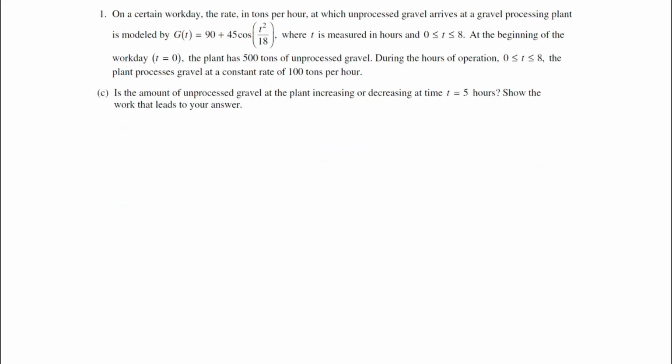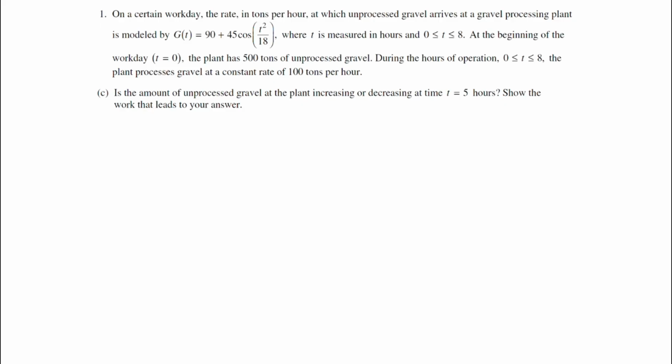For part C, it wants to know, is the amount of unprocessed gravel at the plant increasing or decreasing at t equals 5 hours? So I think it'd be useful for us here to have a function that represents the amount of unprocessed gravel.